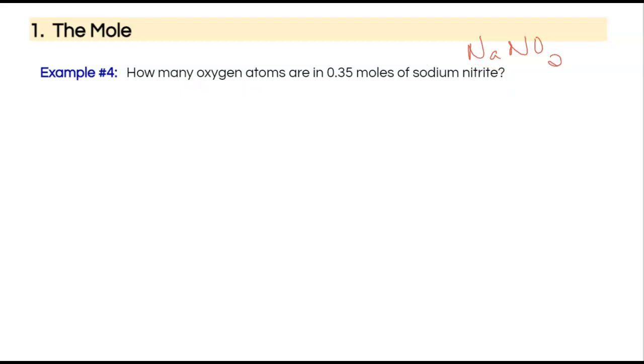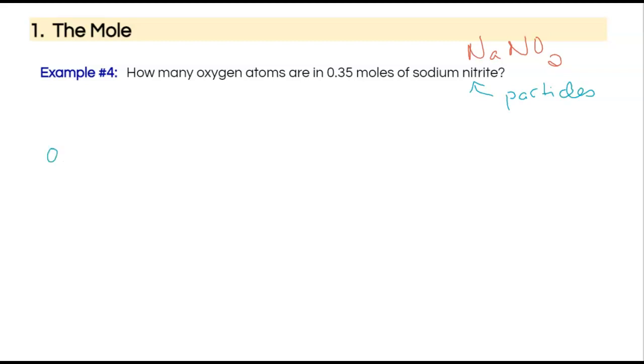Sodium nitrite is an ionic compound, and I don't like to call ionic compounds molecules. There are no covalent bonds, so we can call them formula units, or particles. I like just particles. It's a nice general word to use, so let's go with that.